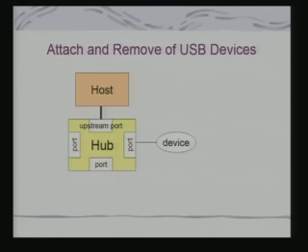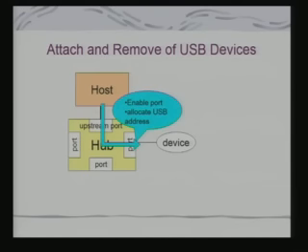A device is connected to the port, and once it gets connected, the indicator of the device flows via the port to the host. Now, what does the host do? It enables the port, allocates a USB address to the device, and also identifies the device driver which is required for the device.